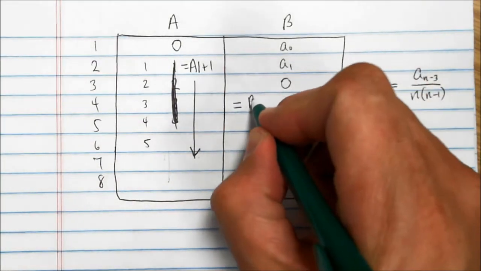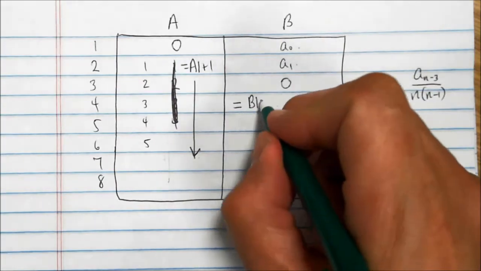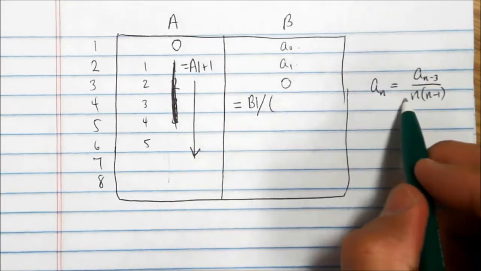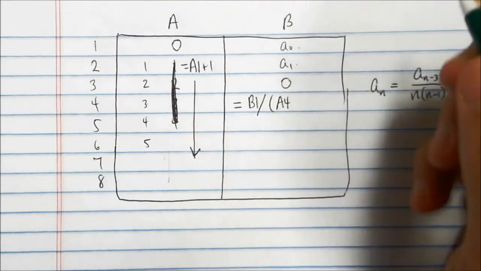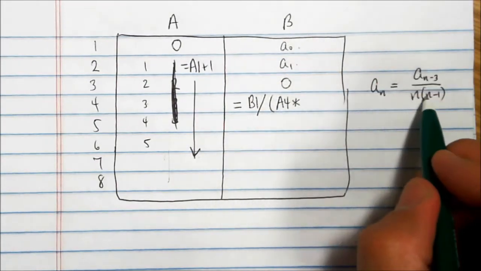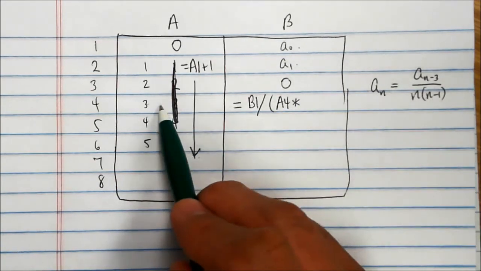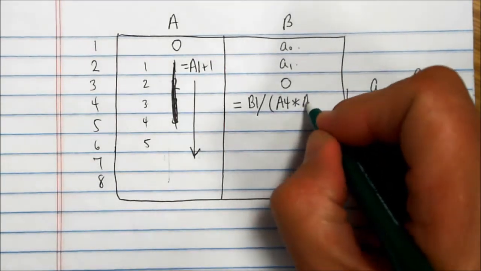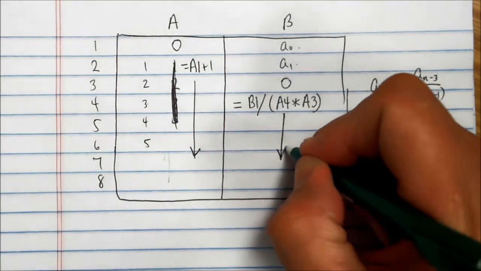So this is going to be equal to b sub 1. So 1, 2, 3 terms back, divided by n. So that's going to be the number that appears here, a4, times n minus 1. Now I can write either a4 minus 1, or else I can write a3. And then I will fill this down.